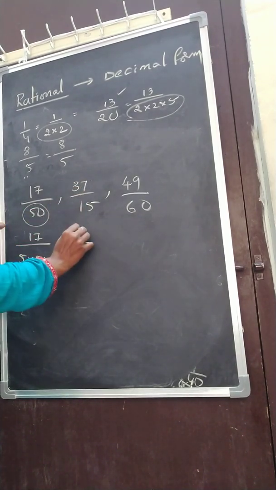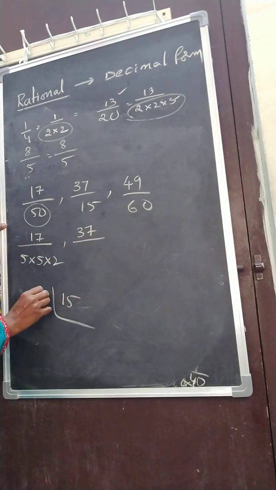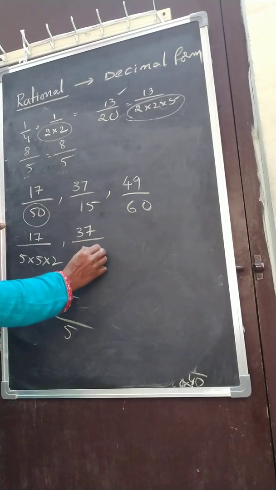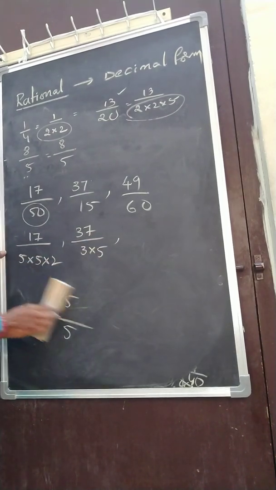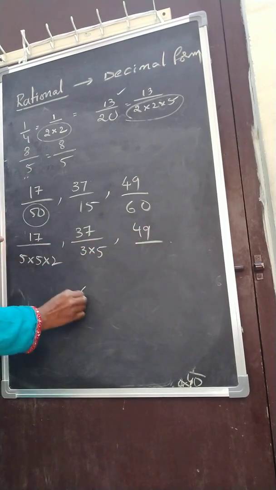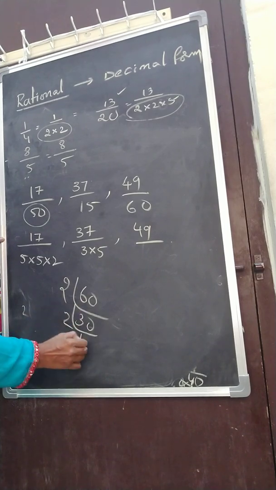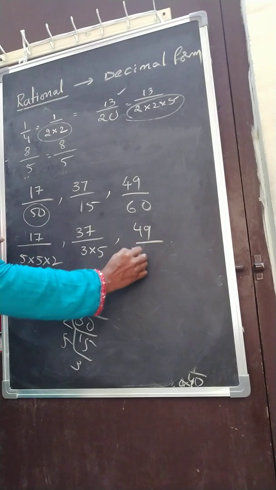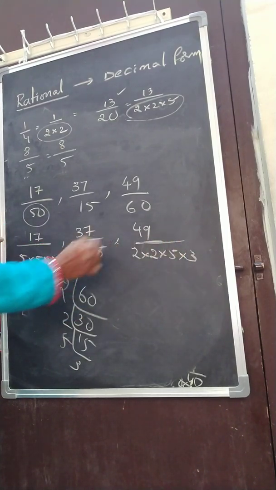Next, 37 by 15 split into prime factors: 3 5s are 15, so 3 into 5. Next, 49 by 60. Split into factors: 2 30s, 2 15s, 5 3s. 2 into 2 into 5 into 3.